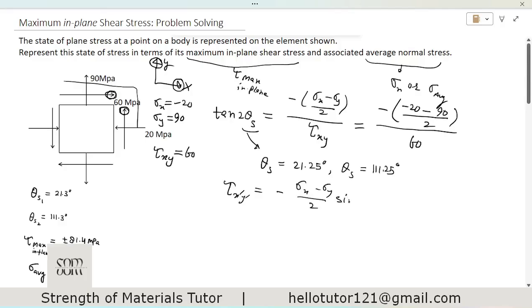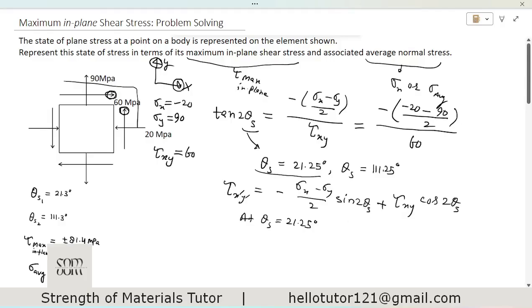then we have sine of 2 theta plus tau xy cosine of 2 theta. Now add theta s equals 21.25 degrees. So I will first put this angle in this. This is going to be theta s instead of theta.